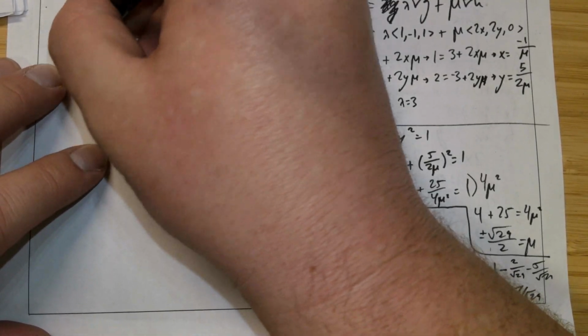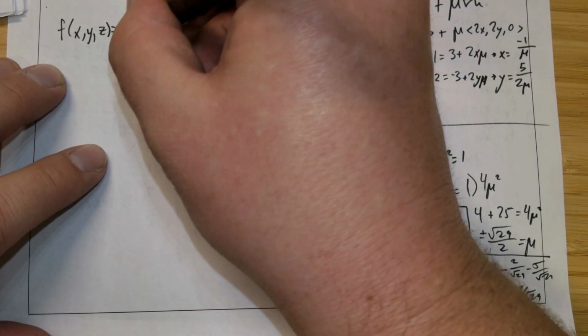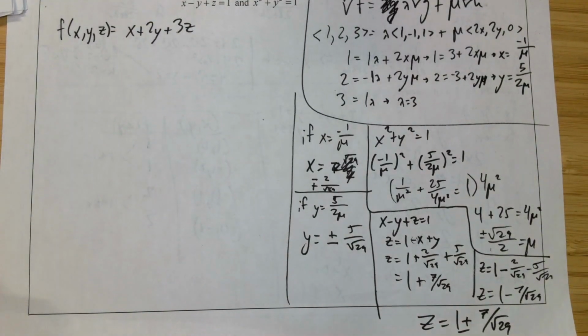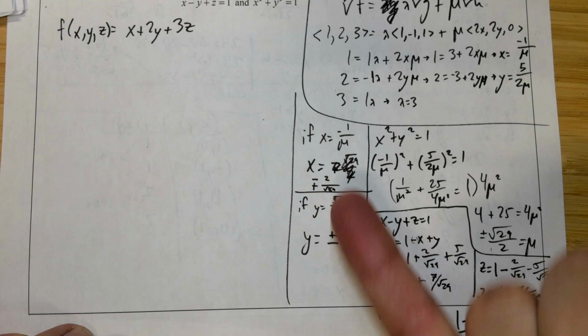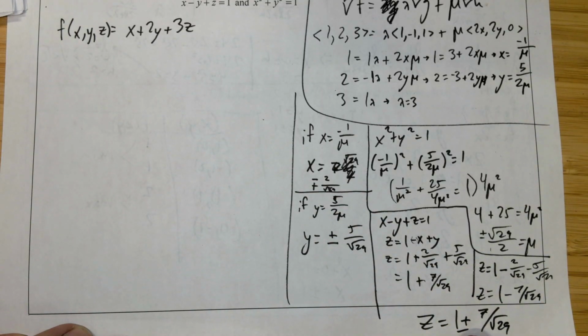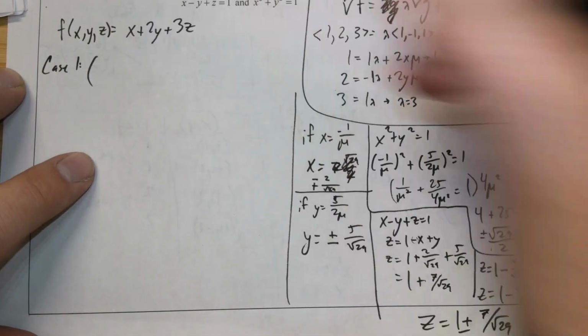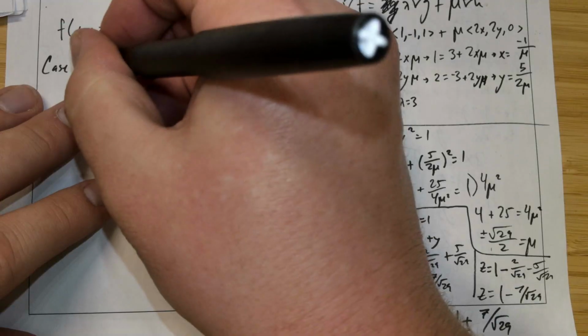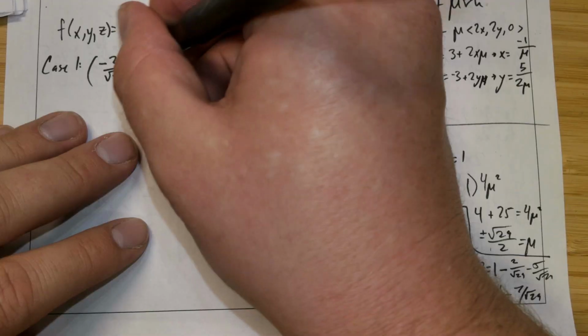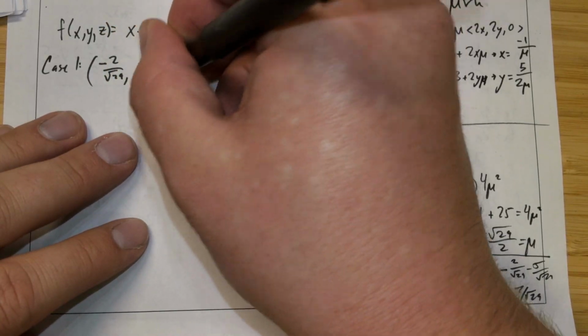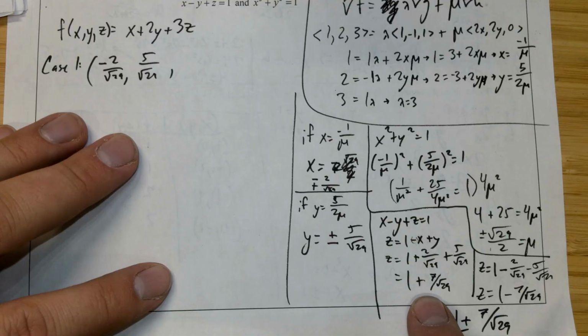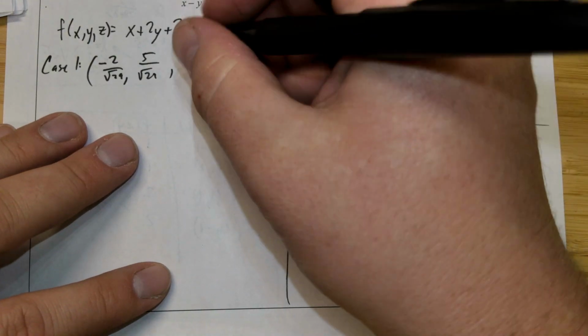Again, my master function, the one I'm trying to maximize, is x plus 2y plus 3z. I'm going to plug in my x, my y, and my z. And again, in case 1, my x is going to be the negative. My y is going to be the positive. And my z is going to be the positive.